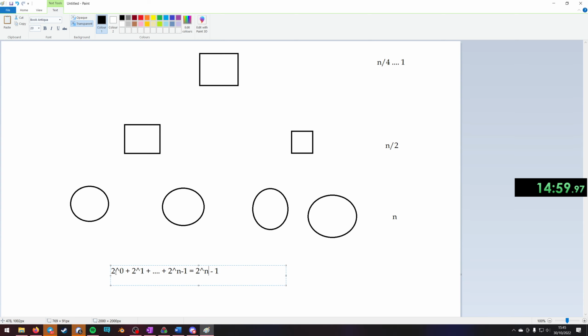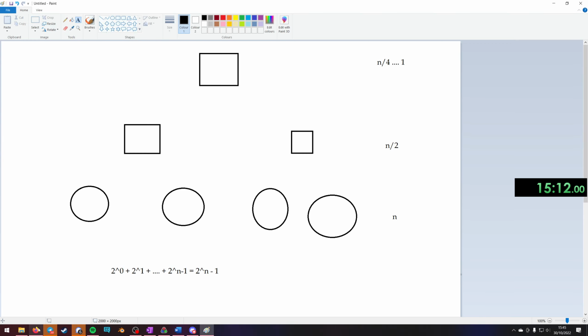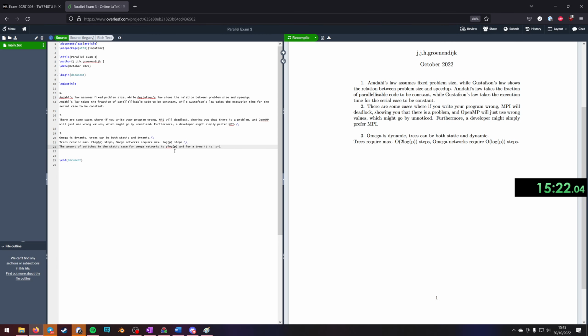But yeah, because 2 to the 0 plus 2 to the 1, etc., up to 2 to the n minus 1 is the same as 2 to the n minus 1, we can conclude that the amount of nodes in a tree that isn't the last phase is the amount of the last one minus 1. So I hope that's somewhat reasonable.